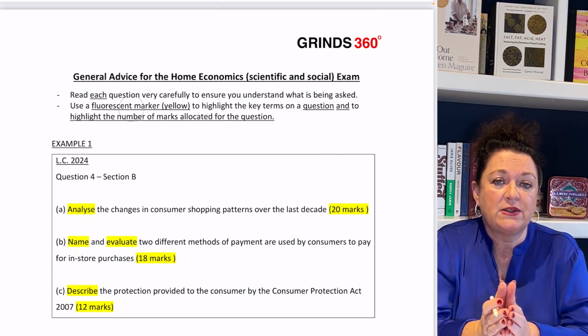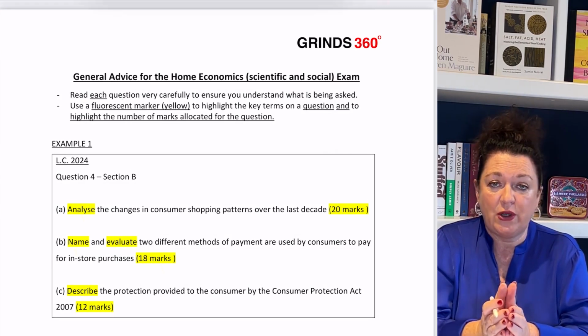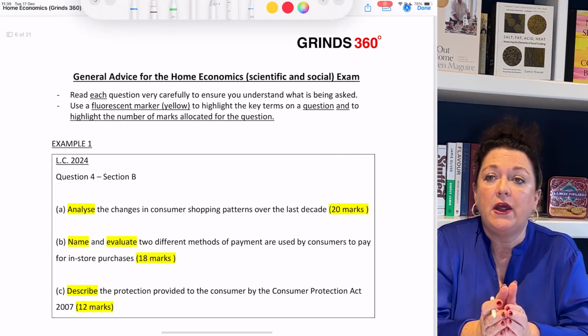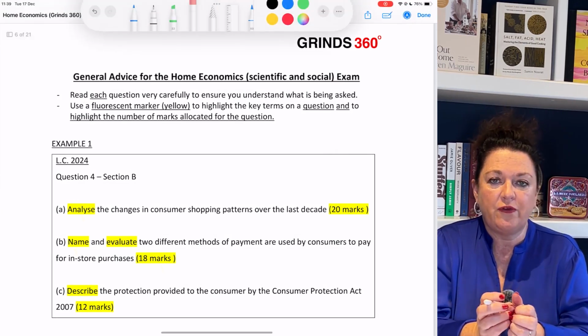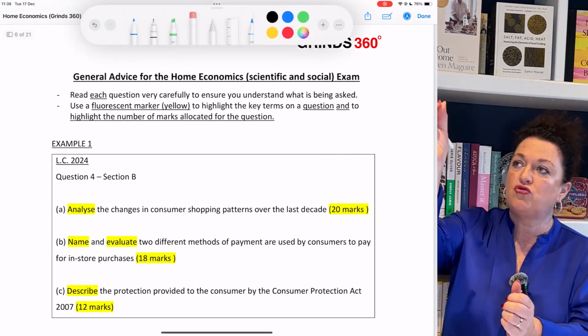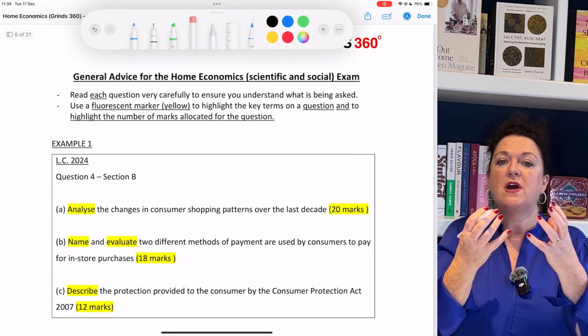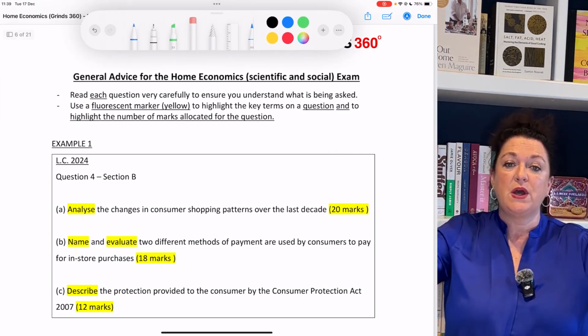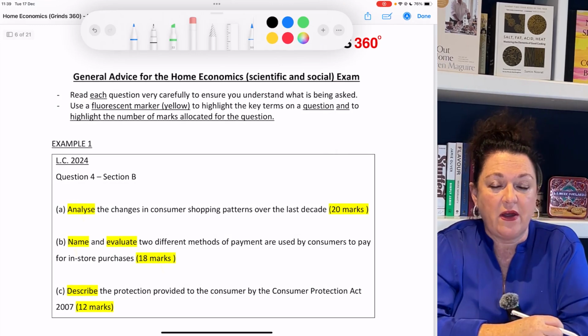Many of the home economics questions will involve what we call higher order thinking. In other words, you will have to think on your feet. You will have to be able to draw from your knowledge of the course content and basically, I suppose, put the jigsaw pieces together.